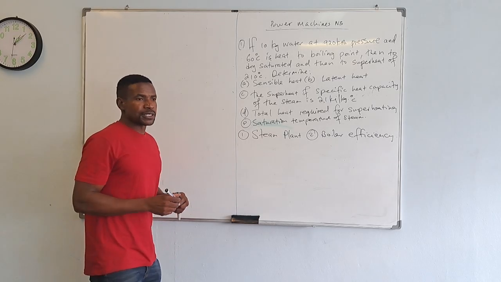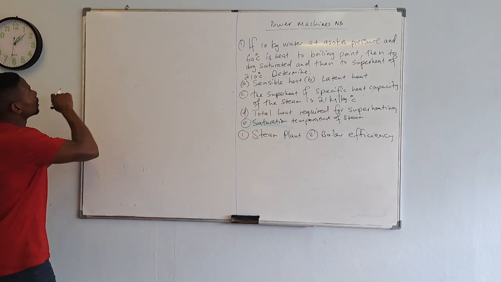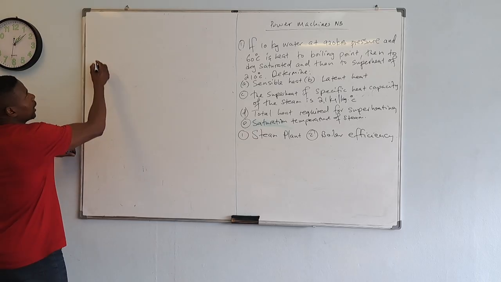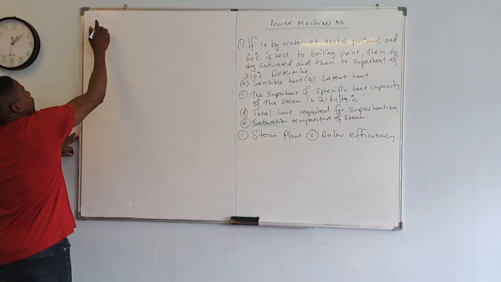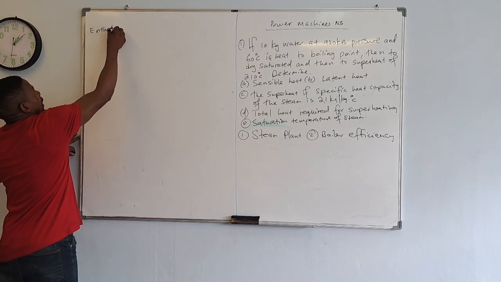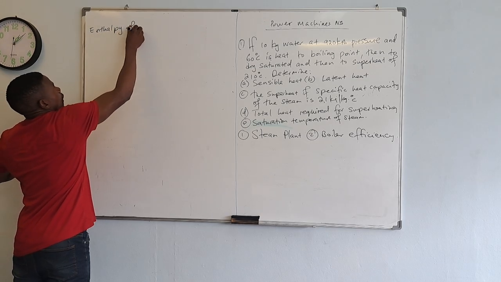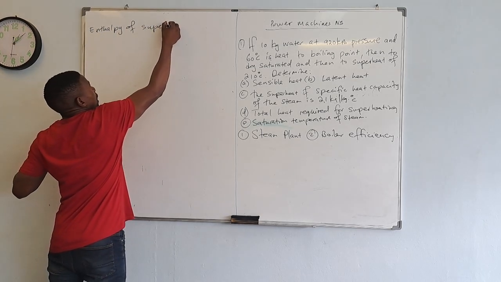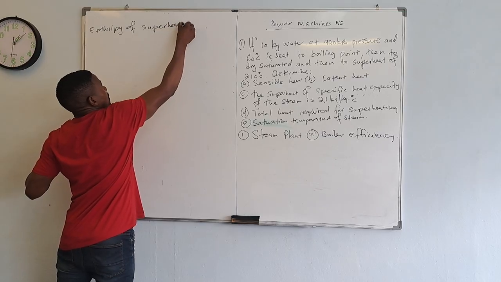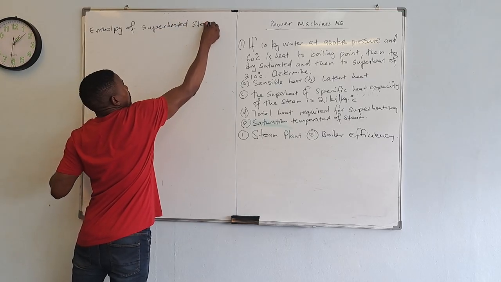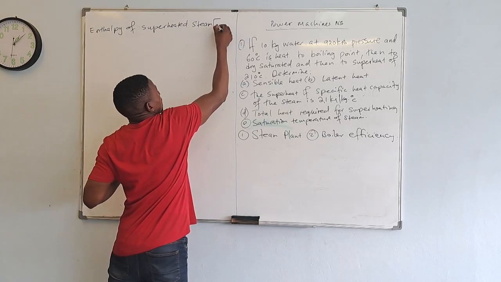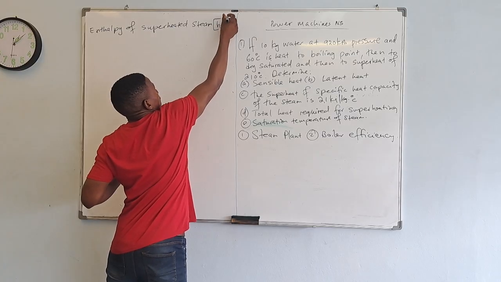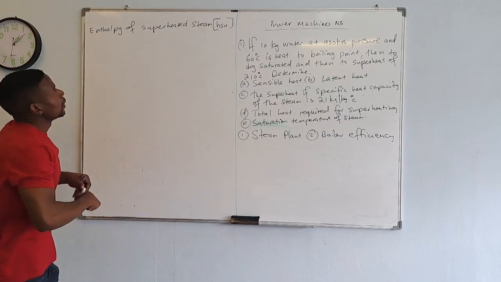Now, we can start off with our formula for enthalpy of a superheated steam, which we normally refer to as HSU.